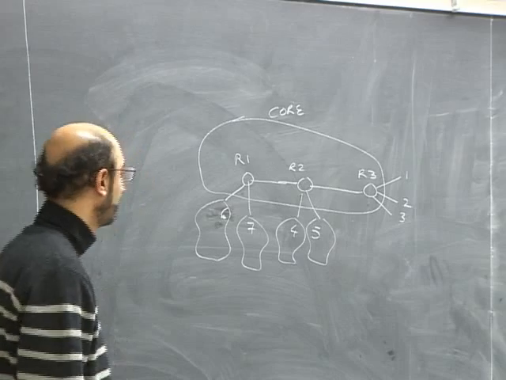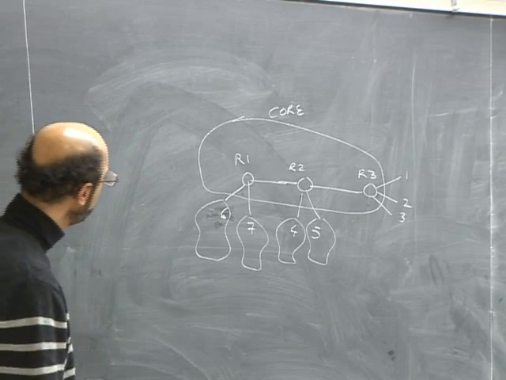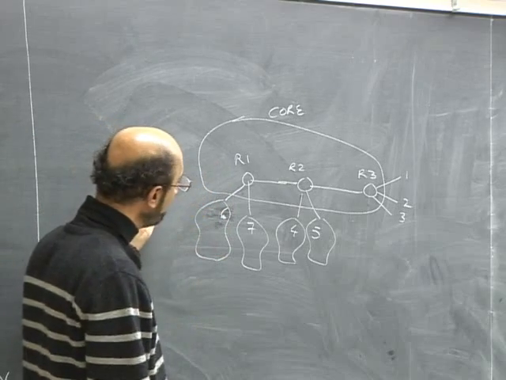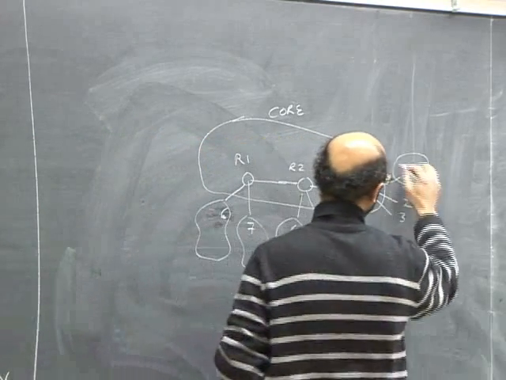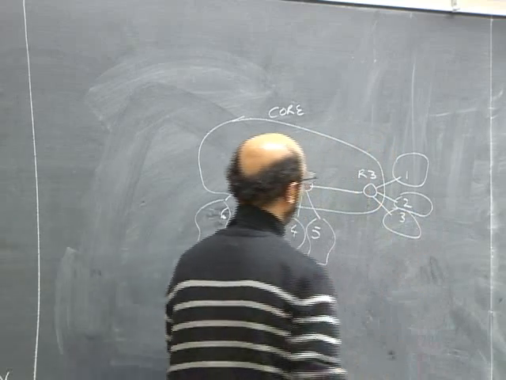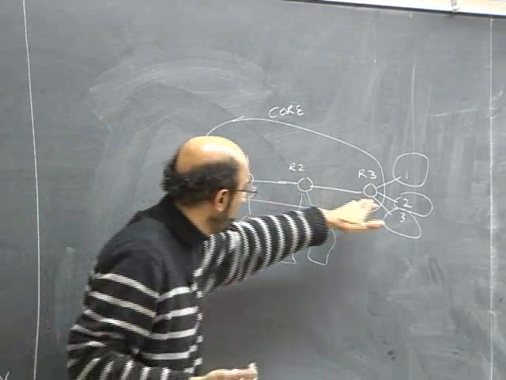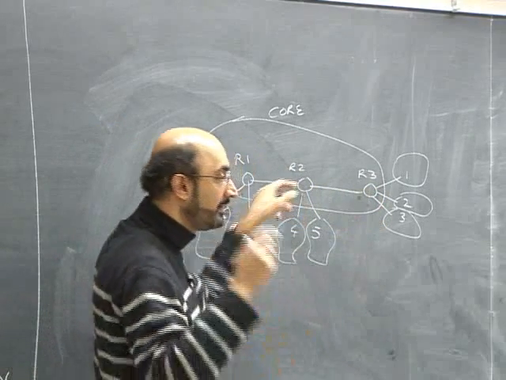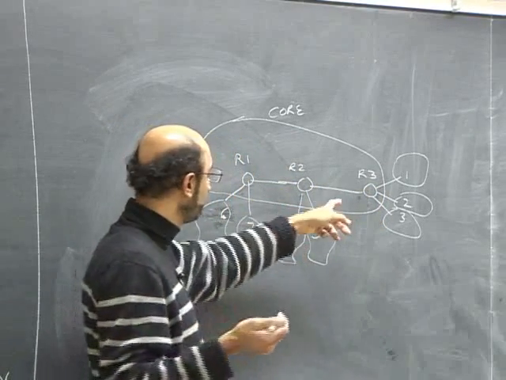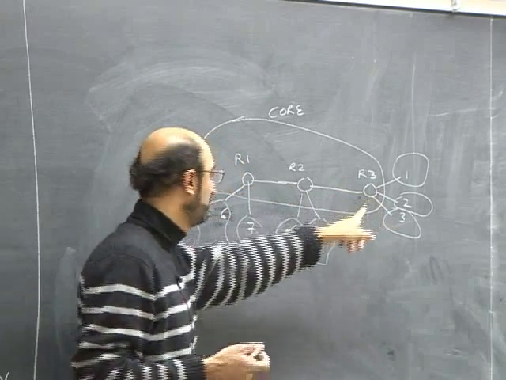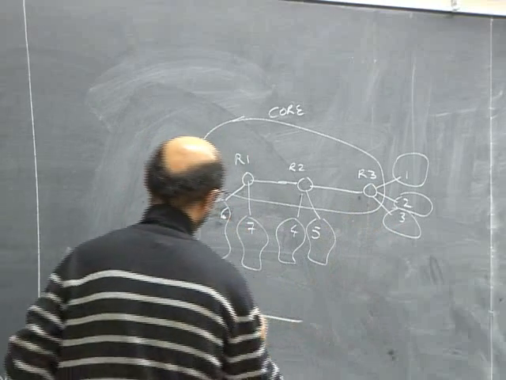These are 3 routers. And what I'm going to do is R1 basically needs to know, if I get a destination that corresponds to network number 1, who do I send it to? Well, I'm not directly connected to 3, but 3 is reachable through 2. So all I have to do is give it to 2, and then 2 knows what to do. So R1's routing table will look like this.